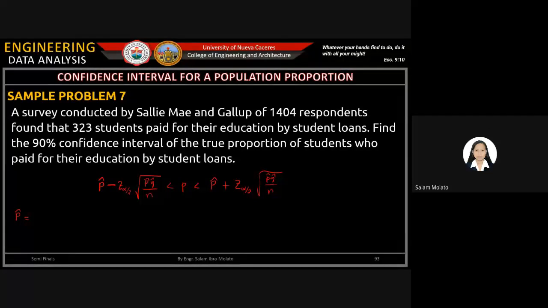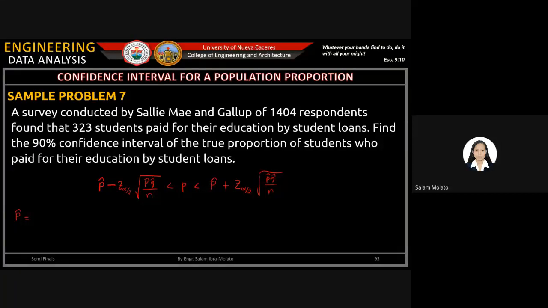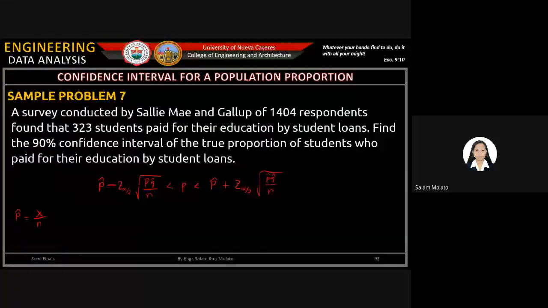Okay, nasaan dyan? What do you think is our P hat? P hat is X over N. Tama? So, X over N. So, X is equal to what? Unahin muna natin yung X para malinaw.